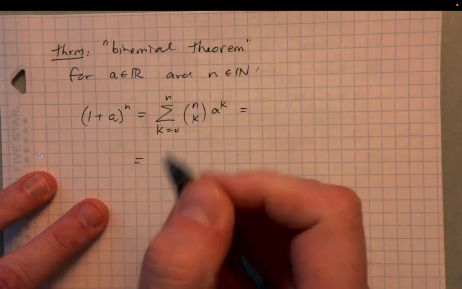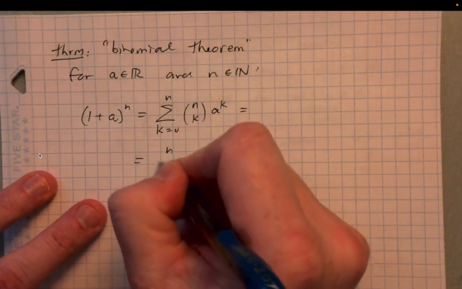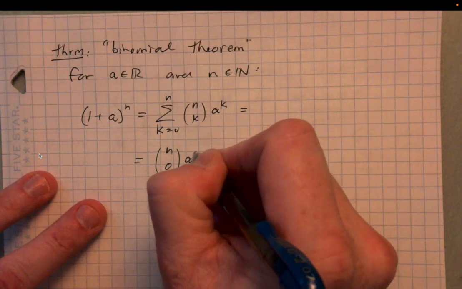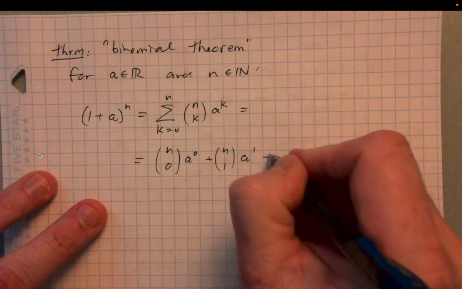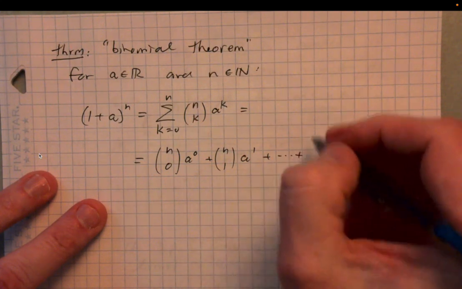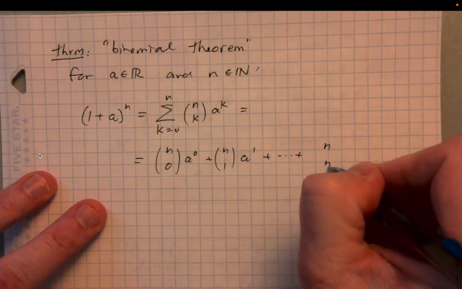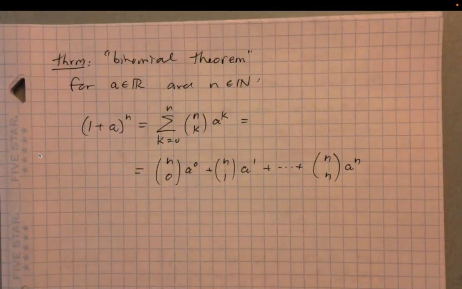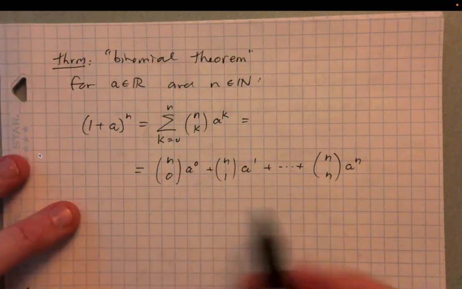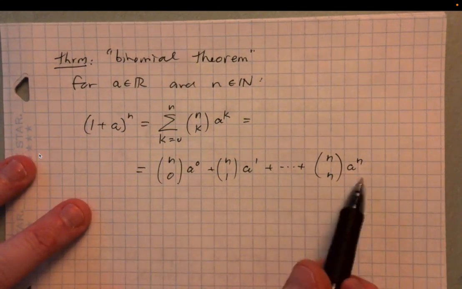All right, and so let me just write some of these terms out. So this would be n choose 0 times a to the 0 plus n choose 1 times a to the 1 plus ... plus n choose n, a to the n. Okay, so this is the binomial theorem. Now, just to recall, what do these choose functions do?